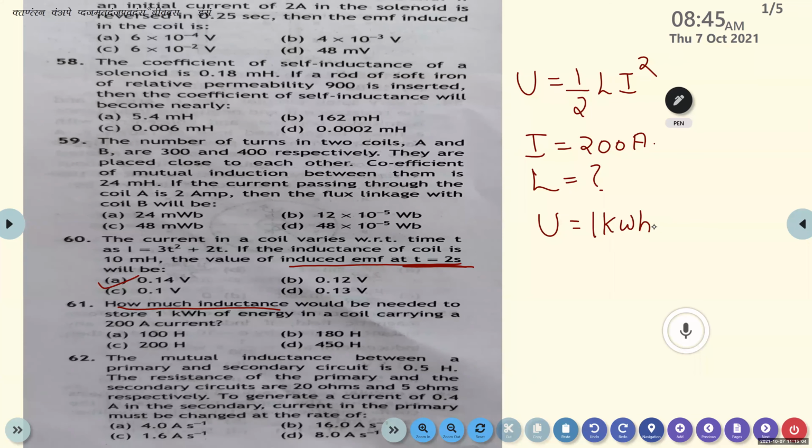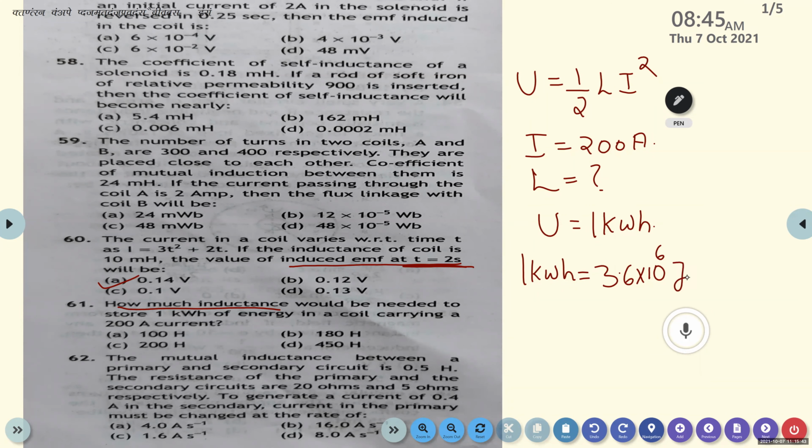We have already studied that 1 kilowatt hour is the SI unit of electrical energy. Then how can we convert it into joule? It's a constant value. 1 kilowatt hour is equal to 3.6 into 10 raised to 6 joules.